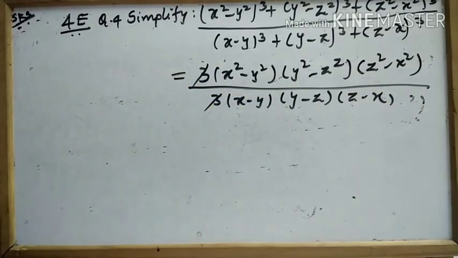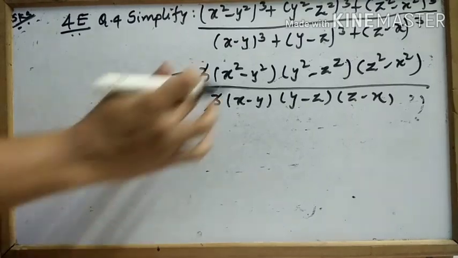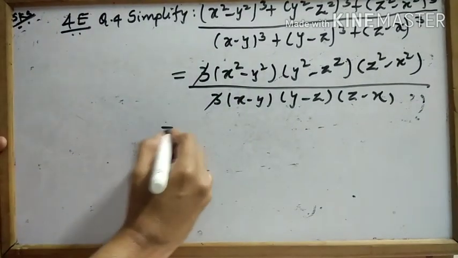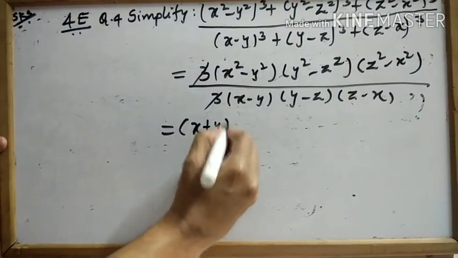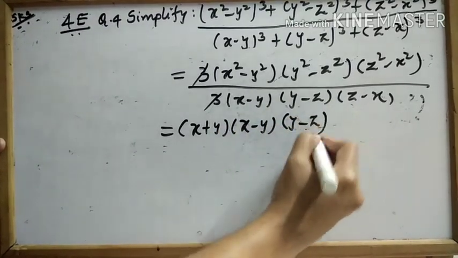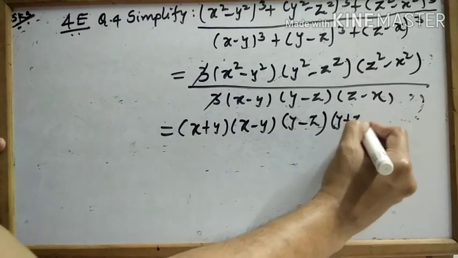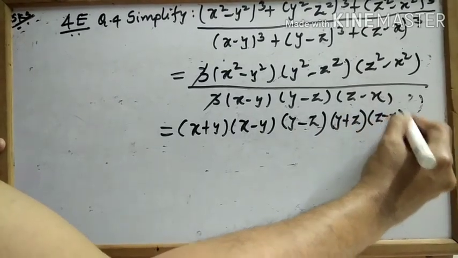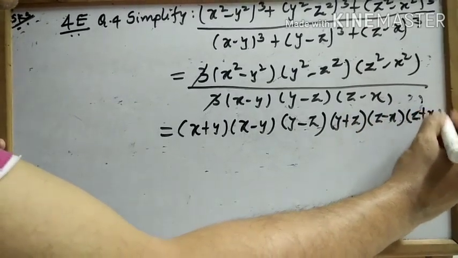3 in the numerator and denominator gets cancelled. Now x square minus y square is nothing else but (x plus y) into (x minus y). y square minus z square is (y minus z) into (y plus z), and z square minus x square is (z minus x) into (z plus x).